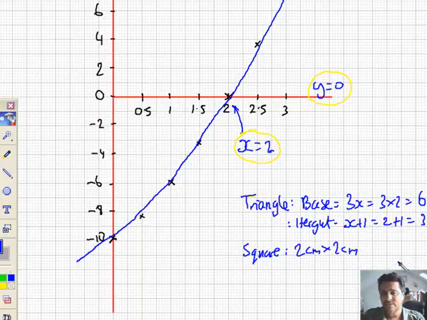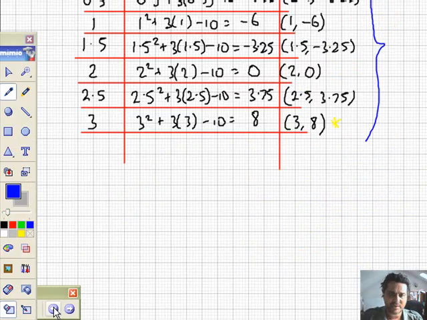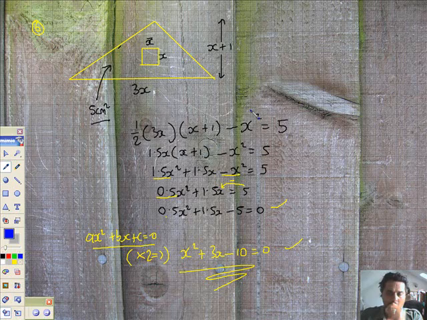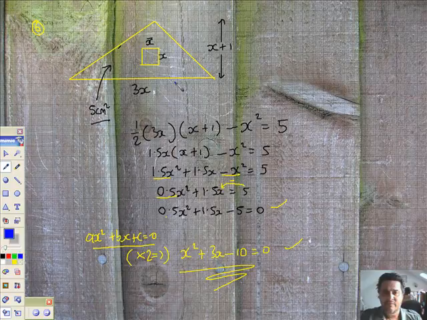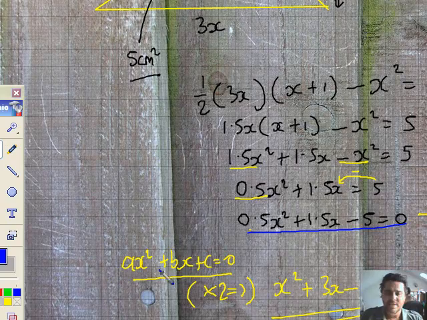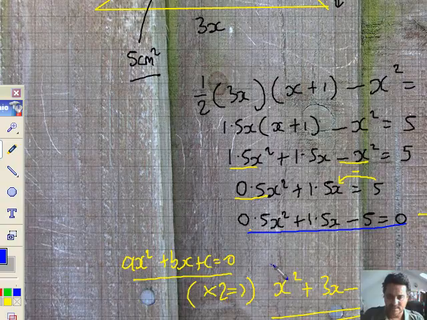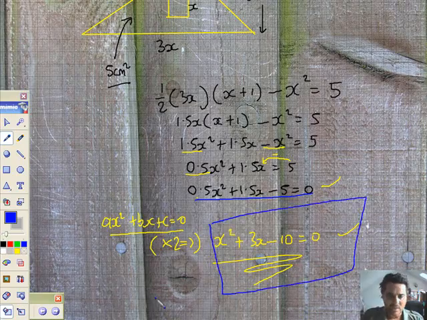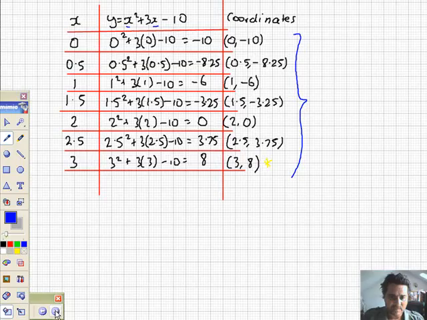However, producing this and getting the solution x equals 2 took a long time. Let's just recap quickly. First, subtract the area of the square from the area of the triangle, end up with an ugly little equation with half x squared in it. Double up to get it in the form of ax squared plus bx plus c equals 0, and that's this one here, and it's very attractive. Create a table of values for this equation. Plot the coordinates we've generated.